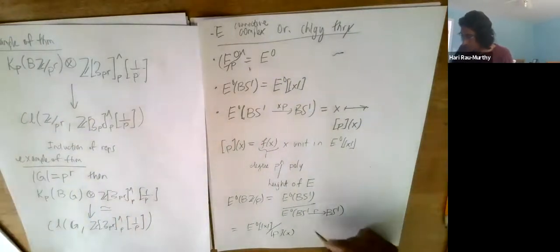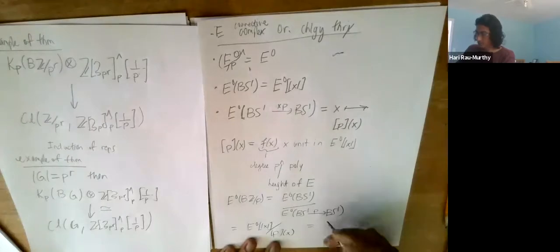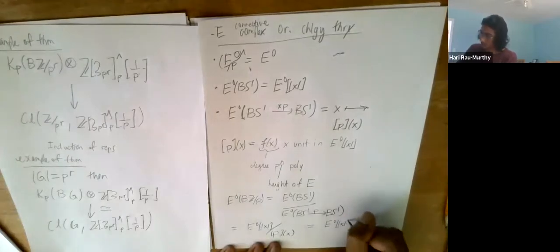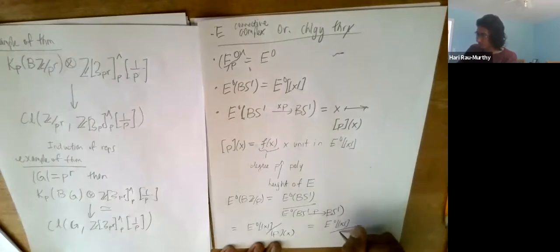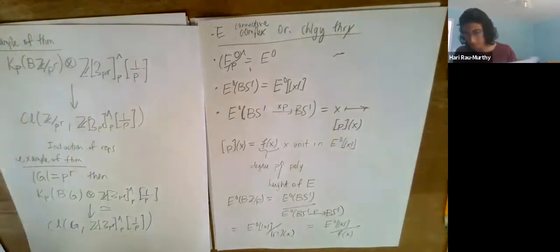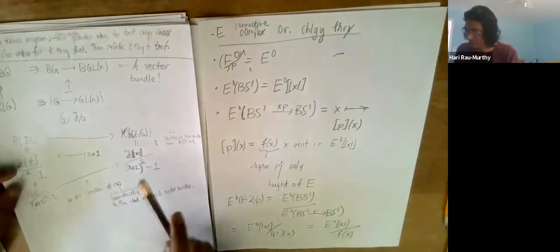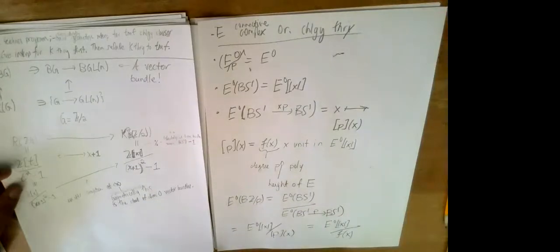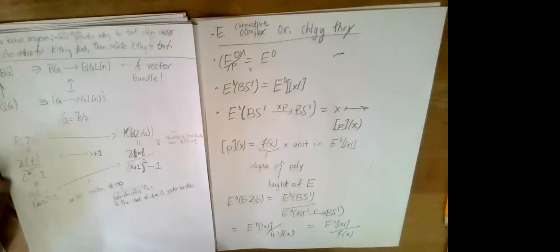And this can be further simplified to E naught double adjoint X modulo a polynomial f of X. So in the case of K theory, do we also assume that your cohomology theory is concentrated only in even degrees?